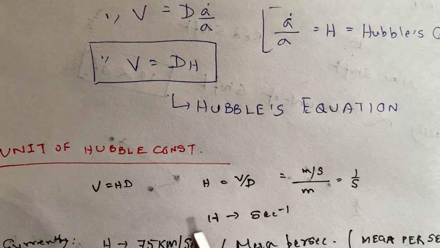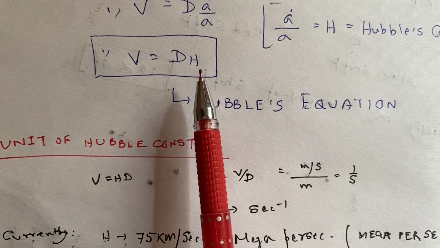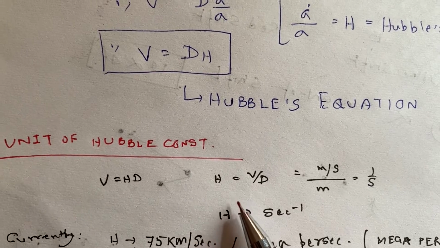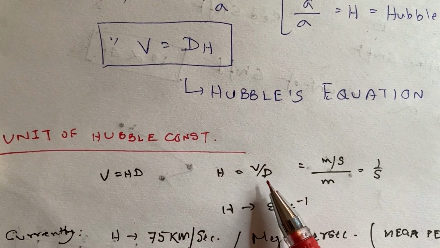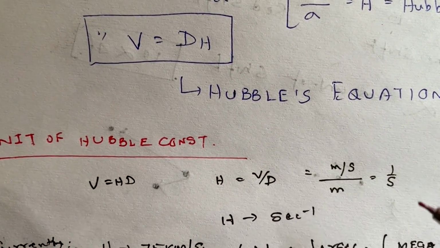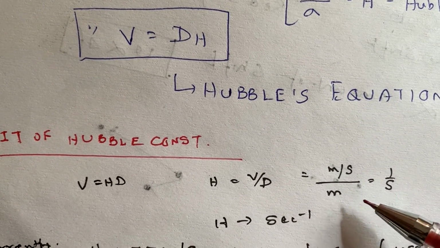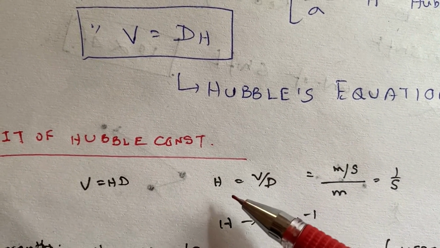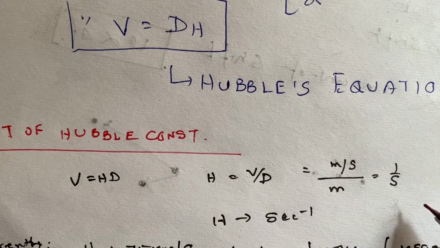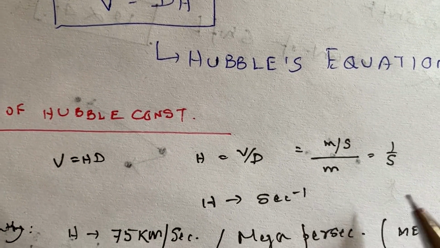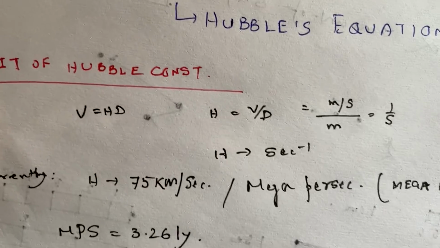Now what is the unit of this Hubble constant H? The unit of Hubble constant can be derived from the unit of speed divided by distance. We know the unit of speed is meter per second, and distance has a unit of simply meters. So the unit of Hubble constant is simply 1 by second, or per second, or second inverse, whatever we call it.